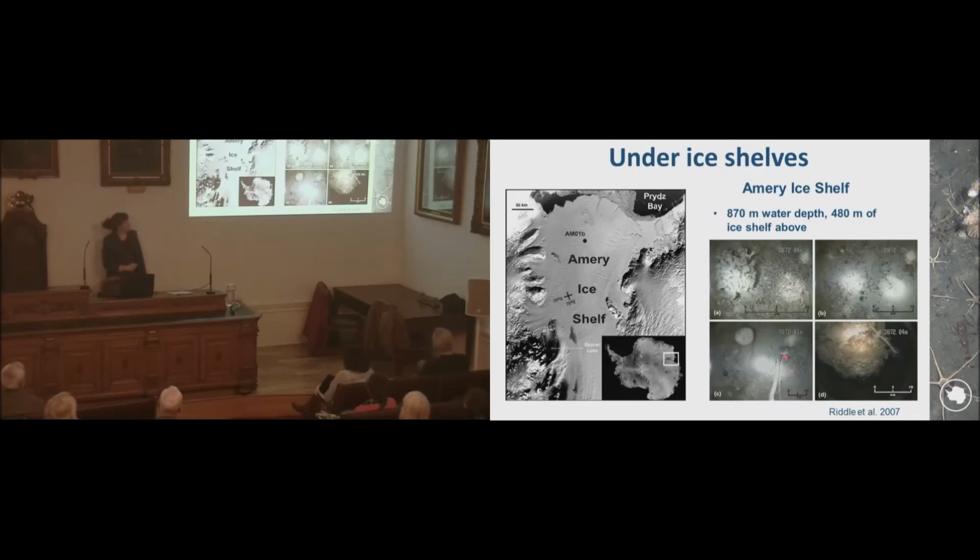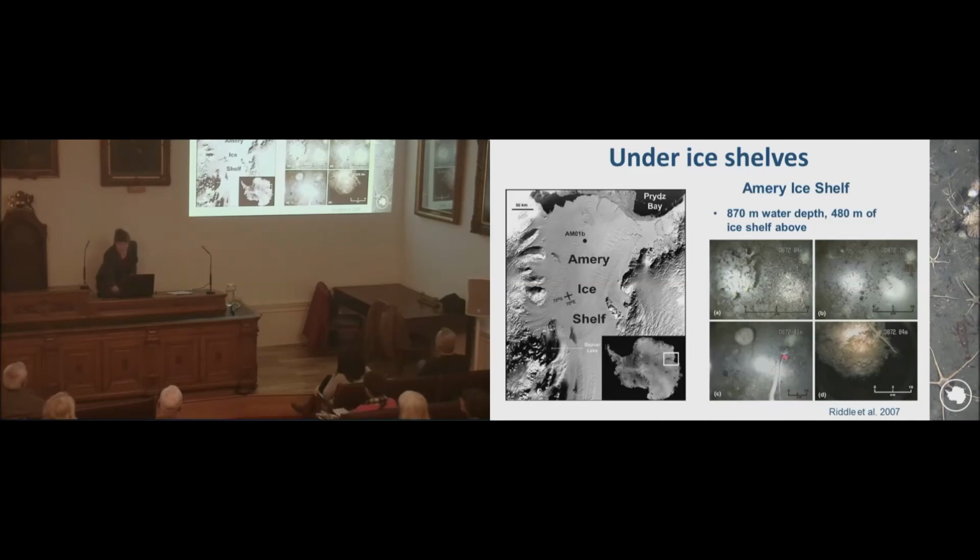What I find interesting is they had only 480 meters of shelf ice thickness. So they had about 400 meters of water between the ice shelf and the seafloor. So actually water circulation was able to get in there. And this is why I think this suspension feeder community was able to be in the Amery ice shelf.